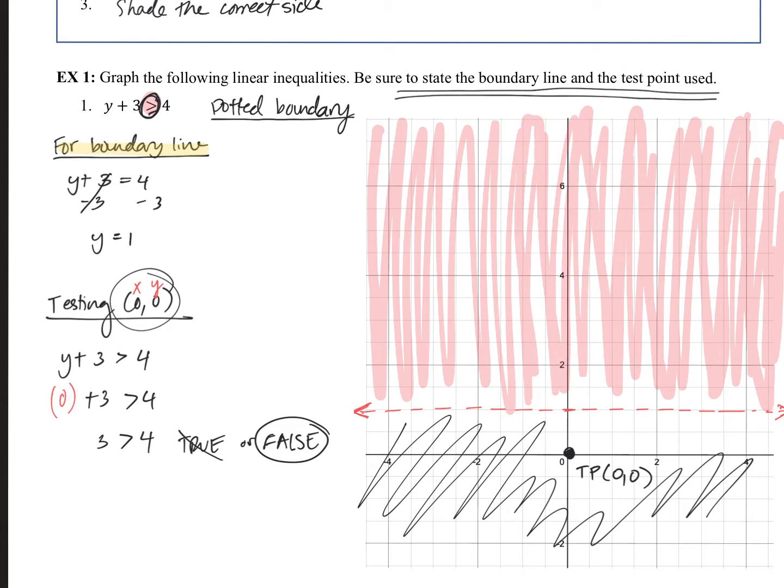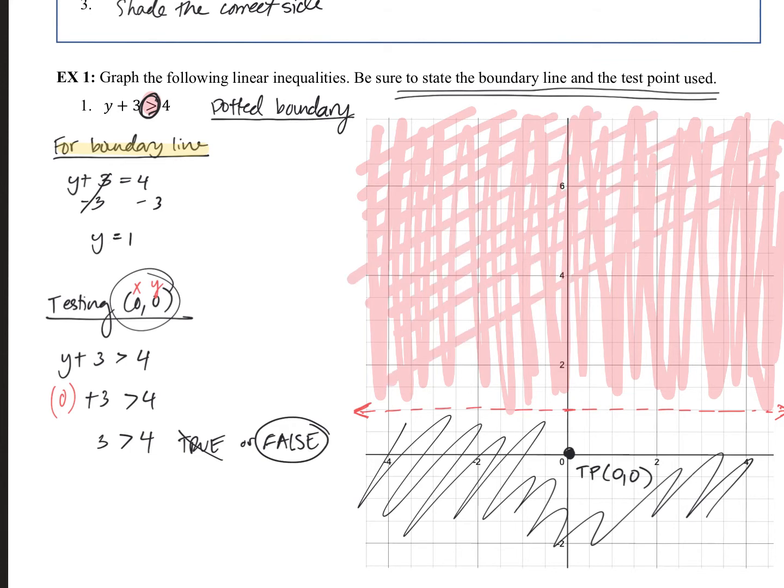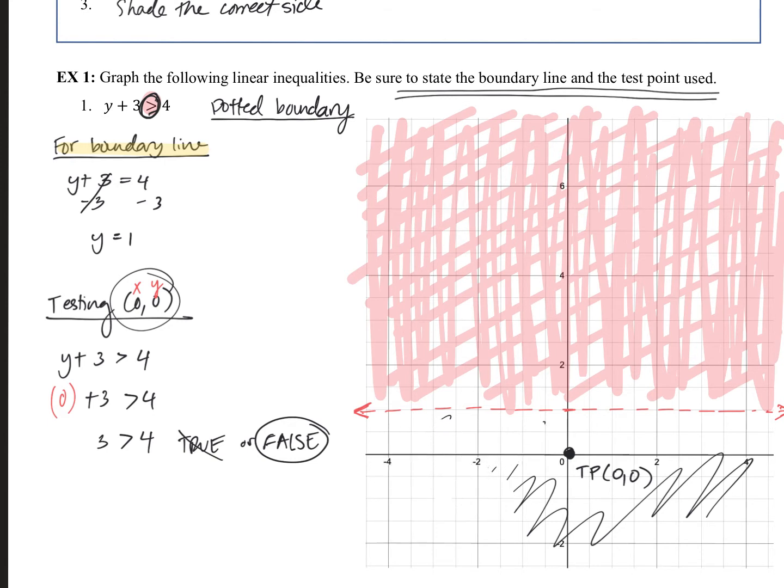Sometimes people like to do little crosshatch for shading, but it should just extend all the way to the end of your graph. Okay, and let me go ahead and erase this because that's not part of our solution. And there we go. For our inequality, we have found all the points that work for my inequality are in the red zone area. Okay, so let's go ahead and take a look at another example.